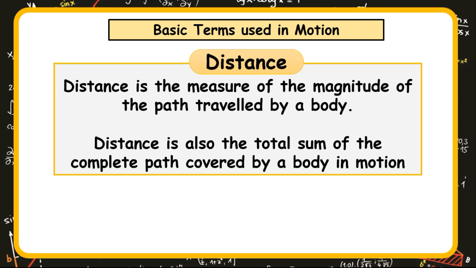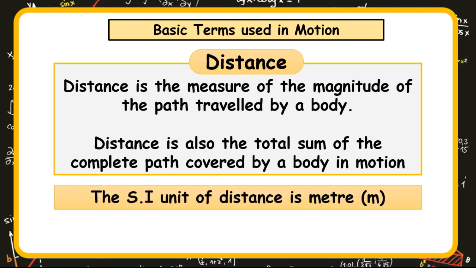So the total complete path that a body in motion has covered is referred to as distance. And the SI unit of distance is meters. That is something brief for distance.